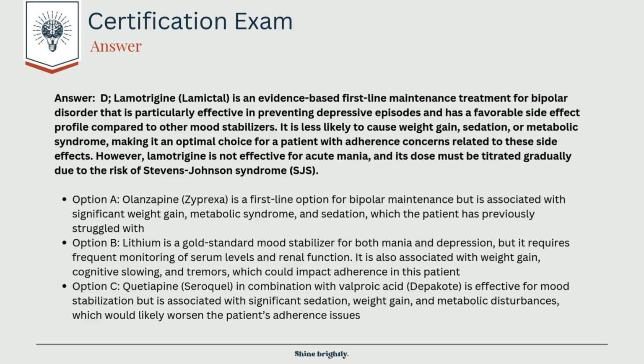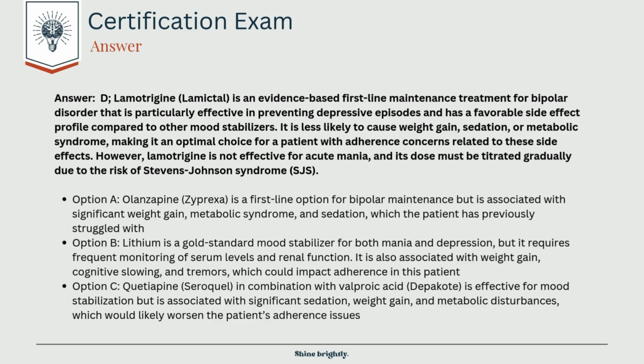What would we do next for this patient? We would first start lamotrigine with slow titration to minimize SJS risk. We educate the patient about long-term adherence and benefits, and then we monitor mood symptoms and assess for any breakthrough episodes. So this case really highlights a key challenge in bipolar disorder management: how to find a treatment that's both effective and tolerable.